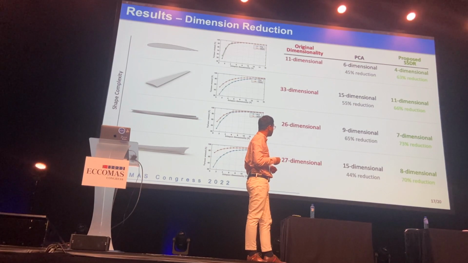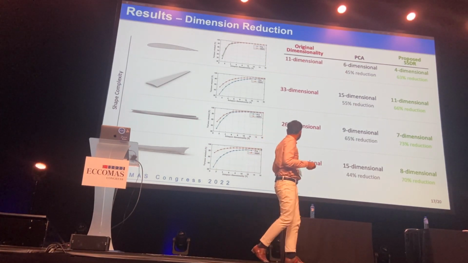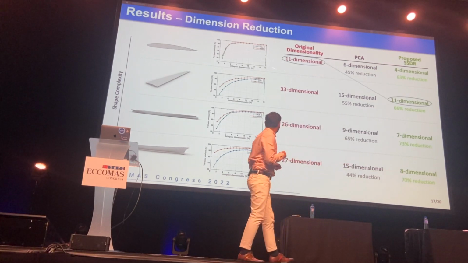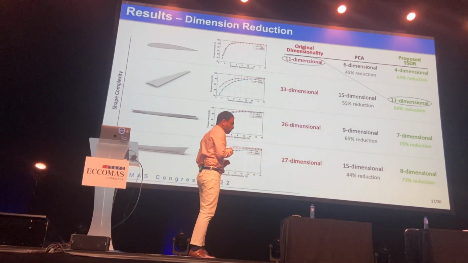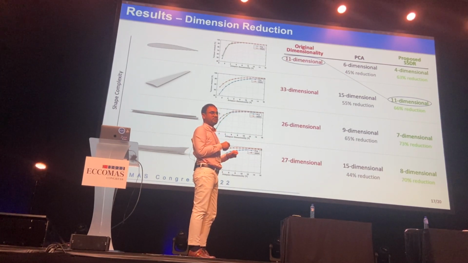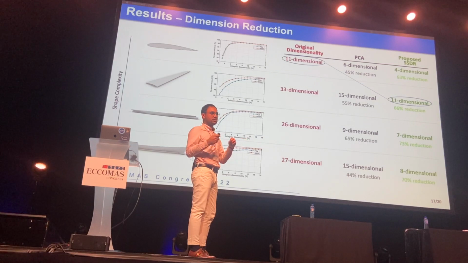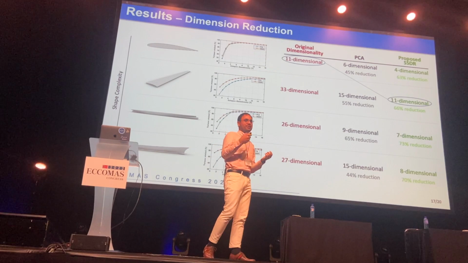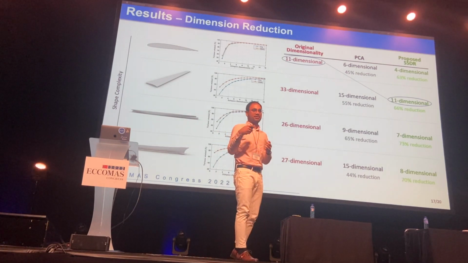And similarly, the same trend holds for all the other test cases. The interesting thing is that the wing model we constructed with 3 different airfoils, each parametrized with 11 parameters, so 33 in total, ended up with only 11 dimensional design parameters. That means only one airfoil was enough to capture the design variation in this 3D wing case.